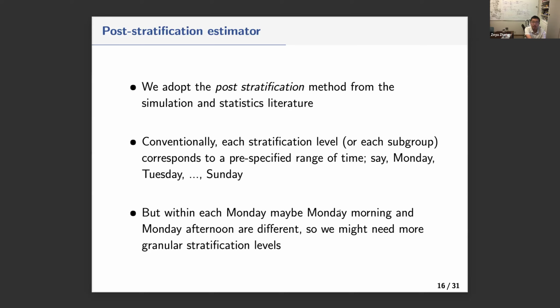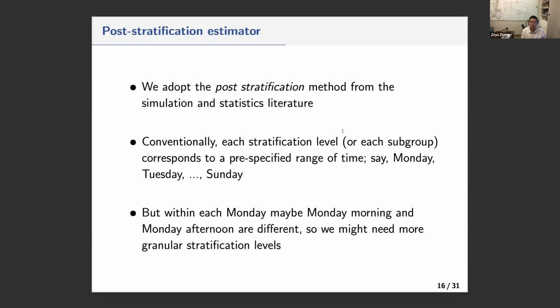The purpose there is mainly to reduce variance. Conventionally, in this non-stationary setting, we group the data into days of the week, Monday, Tuesday, 7 days, compute the treatment and control difference for each day, and then do a weighted sum based on the number of samples. So that's the rough idea of post-stratification.